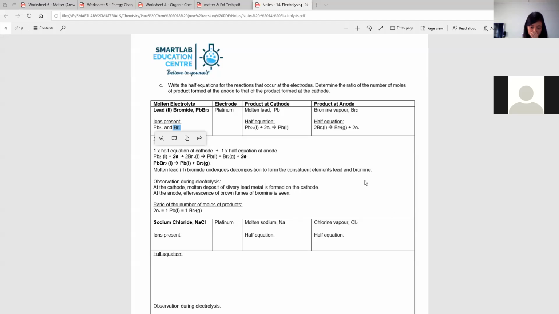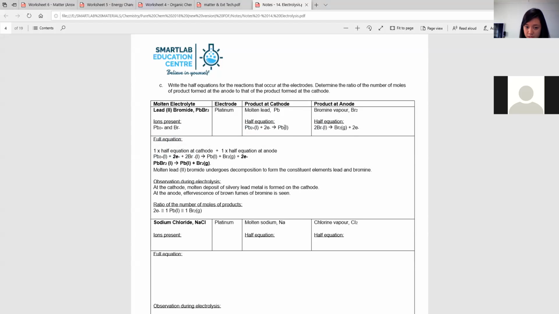Okay, then after that, if they ask you to get the full equation, how do we do it? You add up both half equations together. All your left side, you add up together, and the right side you add up together. In this case, you have your Pb2+ plus 2 electrons plus 2 Br- on the left side.